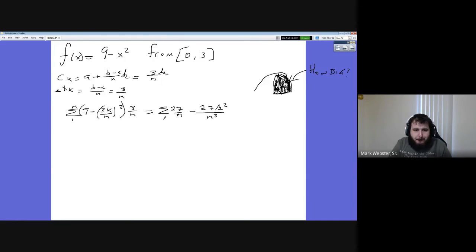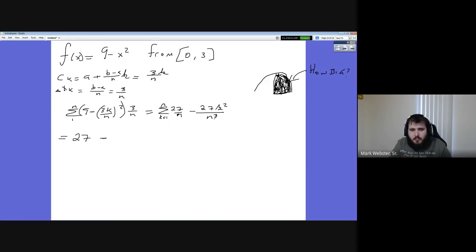So this 27 over n just pops out. And remember, the top here is n, so we take this, multiply it by n, since there's no k in here, right? So this is just 27 divided by n times n, which is just 27 minus.